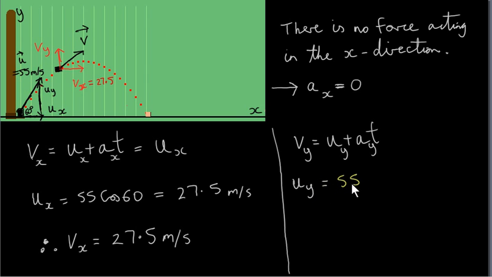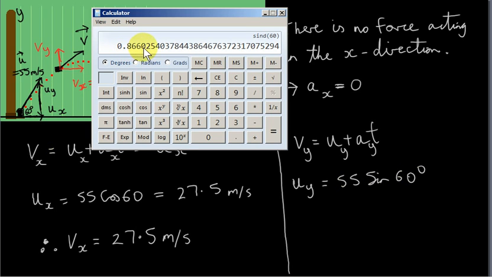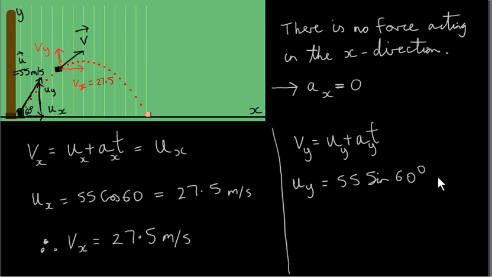So uy is 55 times sine of 60 degrees. uy is the side opposite 60 degrees. The sine of 60 is 0.866 to 3 decimal places. In short form, it's actually root 3 over 2. We multiply this by 55. So to 1 decimal place, we get 47.6. Now that's uy.